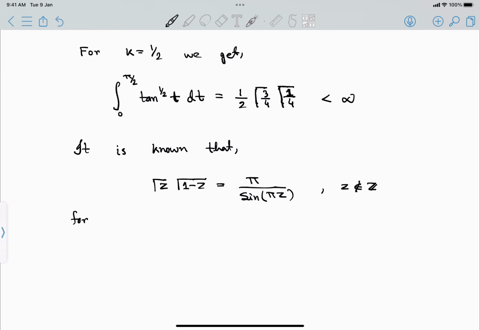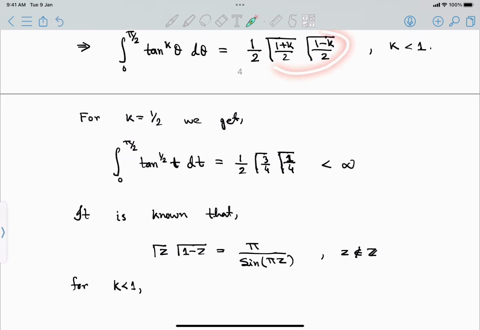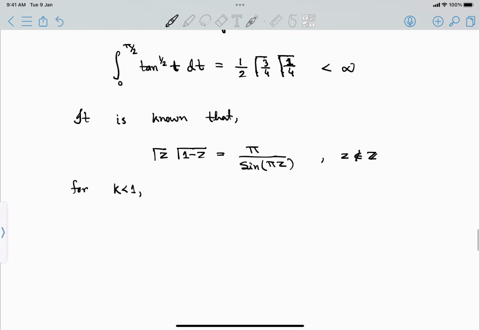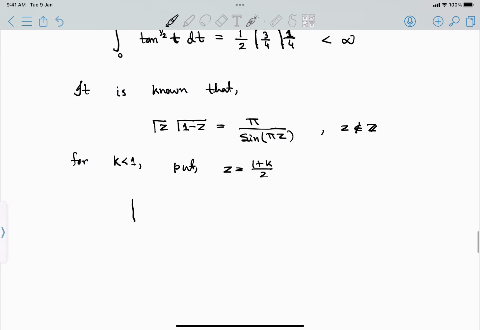So for k less than 1, because we have to find this one, right, let's put z equals (1 plus k) by 2. Then what you will get? Gamma (1 plus k)/2 into gamma (1 minus k)/2 is pi by sine of (1 plus k)/2 into pi.